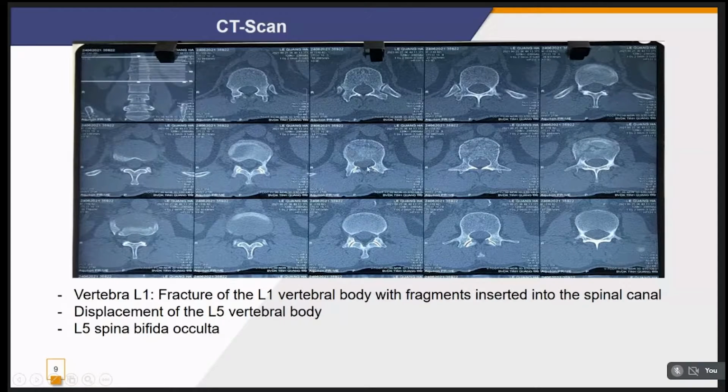In this image, especially in this and this, we can see the fragment inserted into the spinal canal. But clinically, we examine and don't detect any abnormality in the sensory and motor function, the movement of the patient.